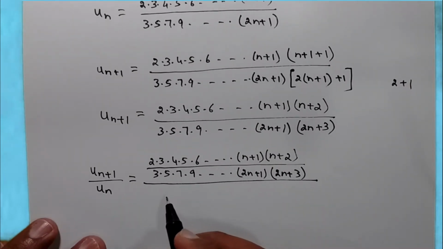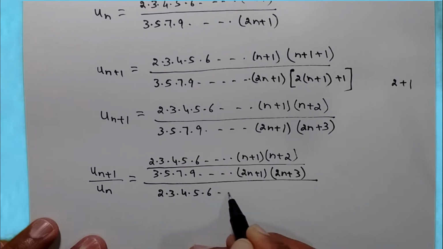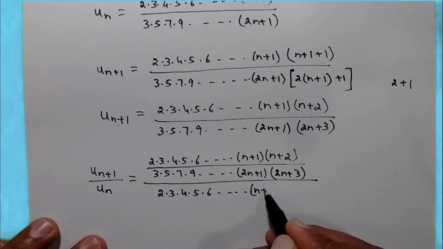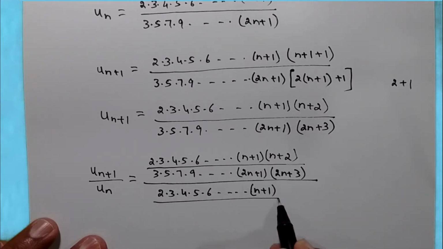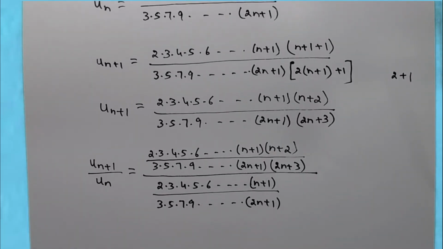So that will be 2 into 3 into 4 into 5 into 6 into so on n plus 1 whole divided by the denominator 3 into 5 into 7 into 9 into so on. It's 2n plus 1. So we'll just take the reciprocal and try to simplify this one.